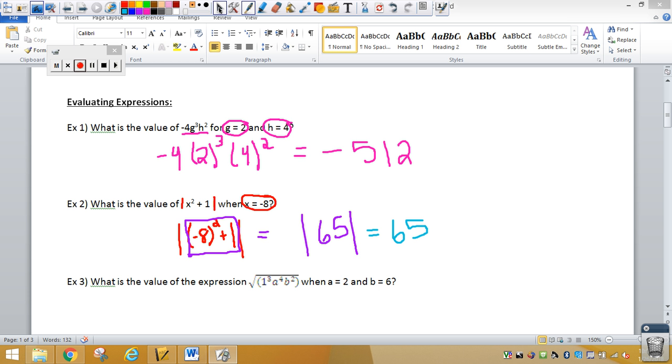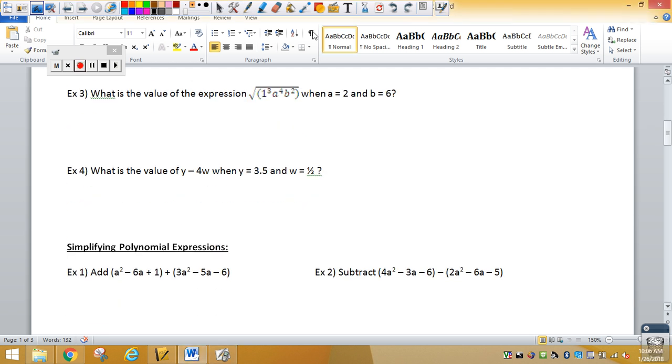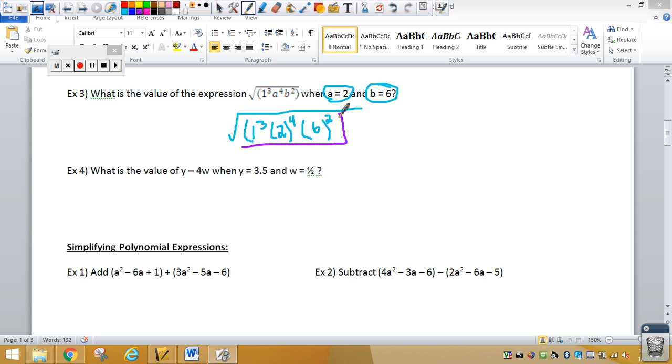Okay, next up, example 3. I'm going to do square root of 1 to the third times a, but I know a is 2 to the fourth, times b, but I know b is 6. I'm going to put 6 squared. I like to just type in what's inside the square root.